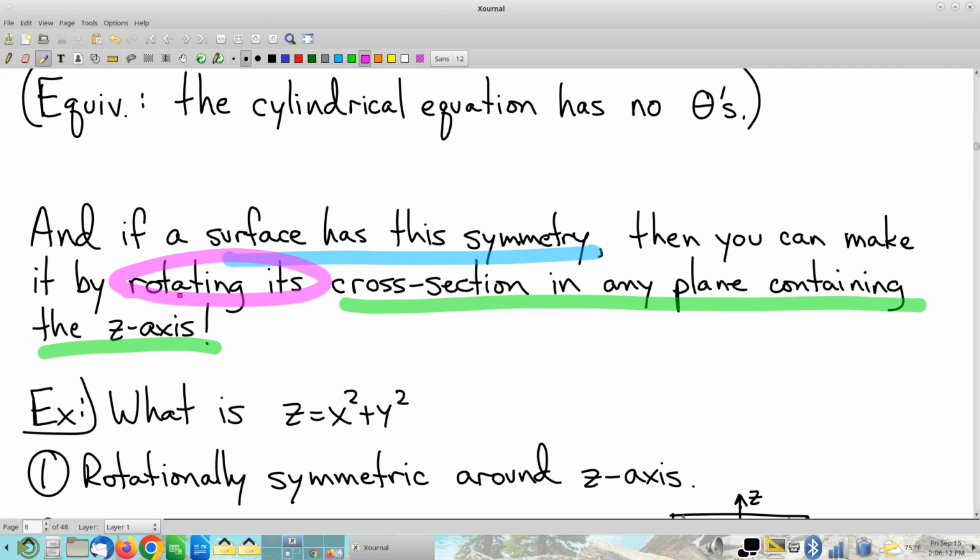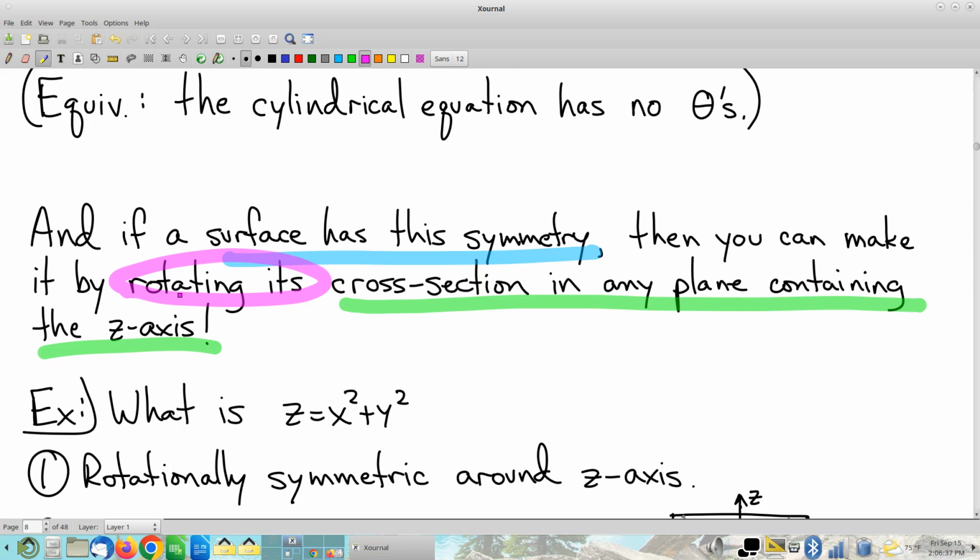So, for example, a rotationally symmetric bowl is a three-dimensional surface, but a slice of it containing the z-axis rotates around to make the whole bowl. Any one slice tells you the whole story. You just have to rotate it around.